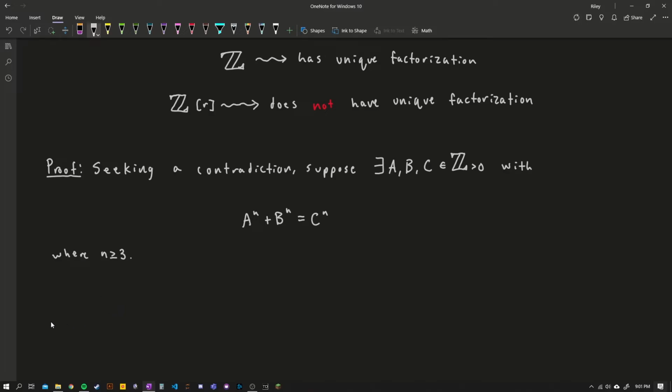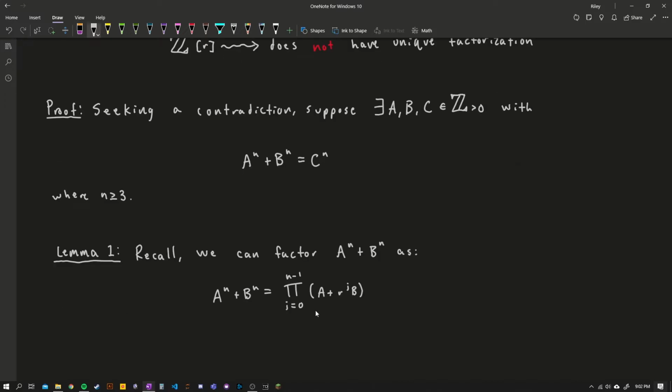So the first lemma. I want to first recall that we can factor a to the n plus b to the n like so, where this r is that nth root of unity we were talking about, and Lamé showed that we can create a new factorization, which is like this.